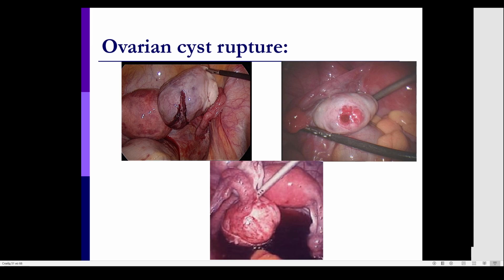Sometimes our patients know about their cysts, and if there are cysts in the ovary, we do not recommend different physical exercises, running, jumping, or active sexual intercourse, because they can provoke rupture.